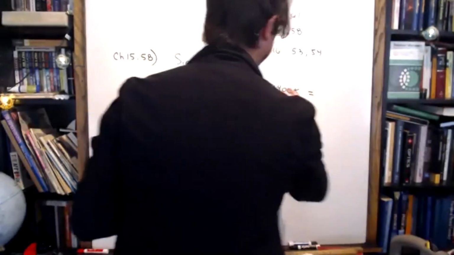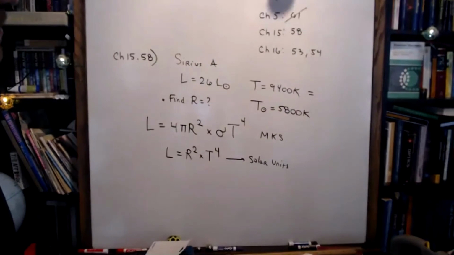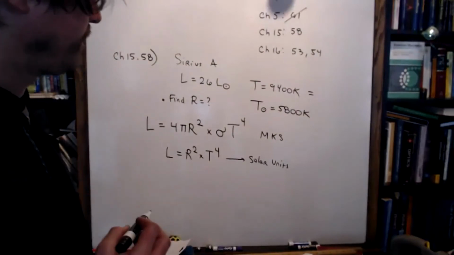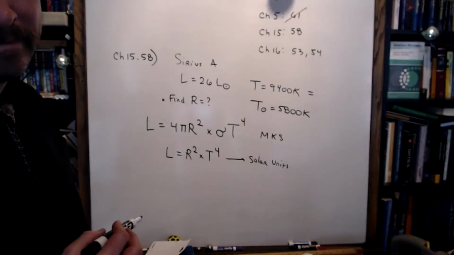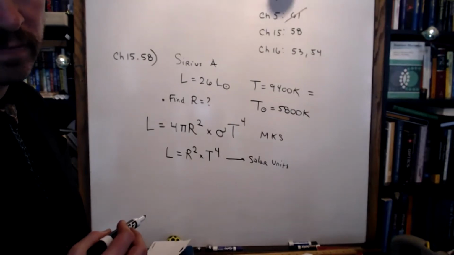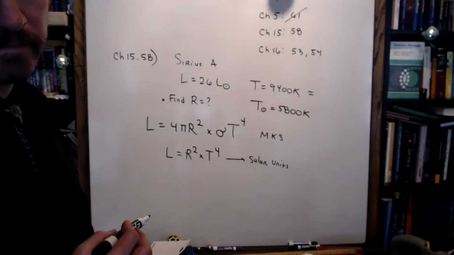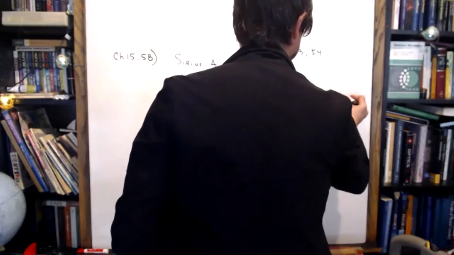So if you divide those two, what does it come out to be in solar temperature units? 1.6 solar temperature units.